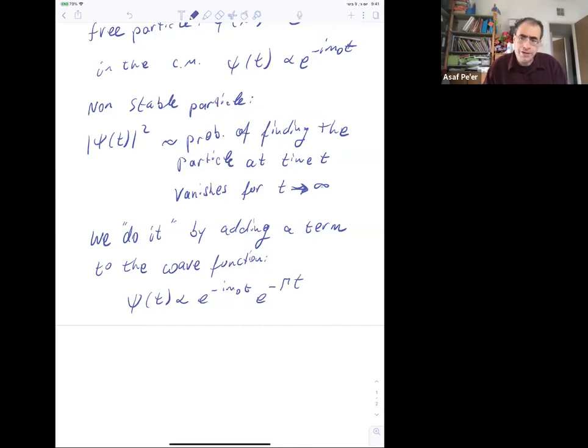Now this addition really affects the mass of a decaying particle.